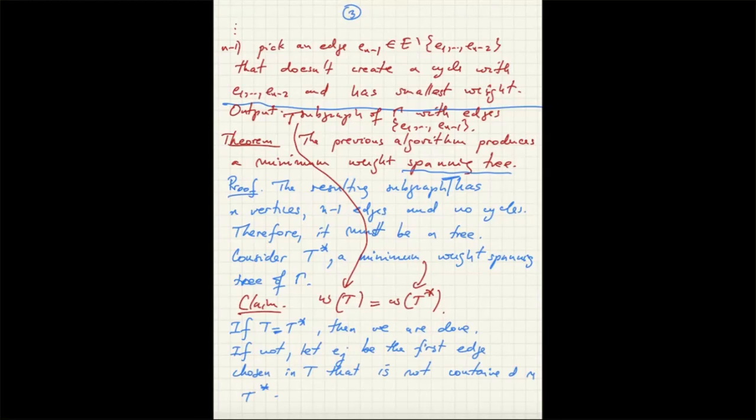So T star doesn't contain EJ. Then when you add EJ to T star, it creates a unique cycle.